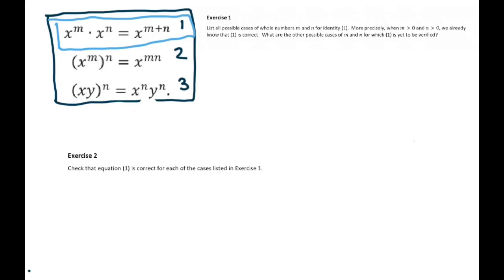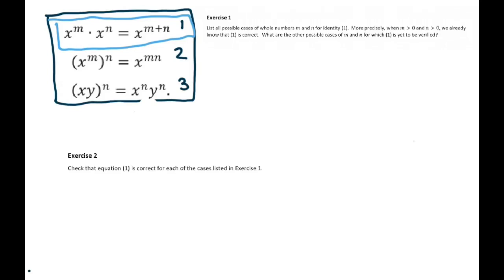List all possible cases of whole numbers m and n for identity 1. More precisely, when m is greater than 0 and n is greater than 0. We already know that identity 1 is correct. What are the other possible cases of m and n for which rule 1 is yet to be verified?